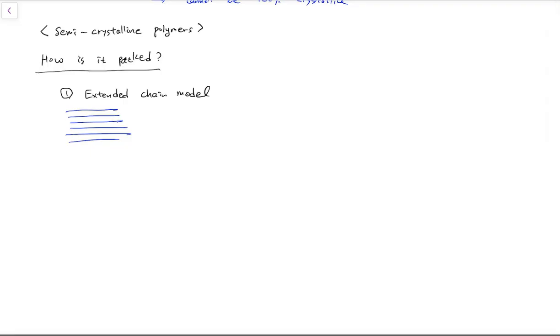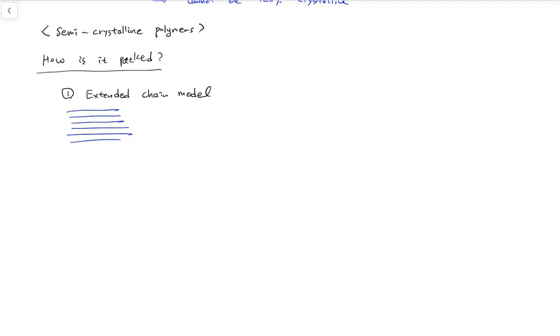In this model, the dimension of the crystal formed by this extended chain model, the crystal size or length, should be the same as the molecular length or molecular size, right?